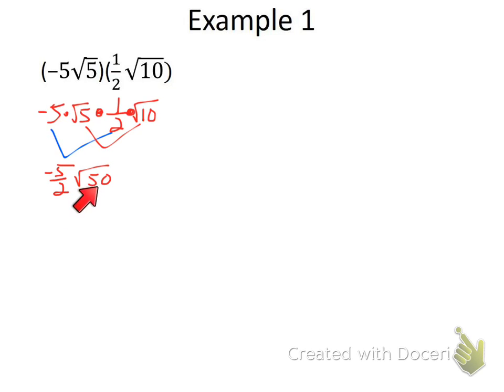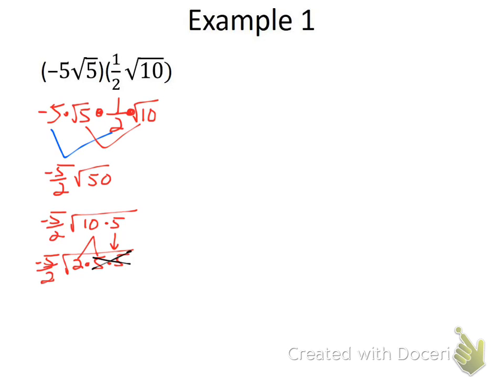Then, just like the last problem, we need to stop and see if the root of 50 will simplify. So I'm going to bring down my 5 halves, and I know 50 is 10 times 5, and I know 5 is prime, so it's done, but the 10 can be broken down a little bit further. So I have 5 roots of 2 times, and the 10 can become 2 times 5, and then I bring down my other 5.